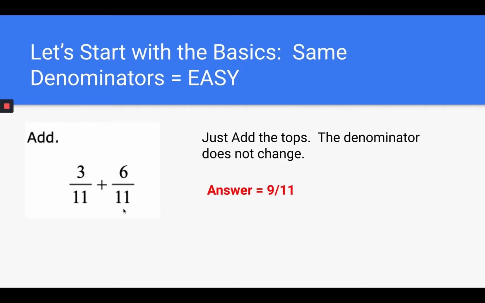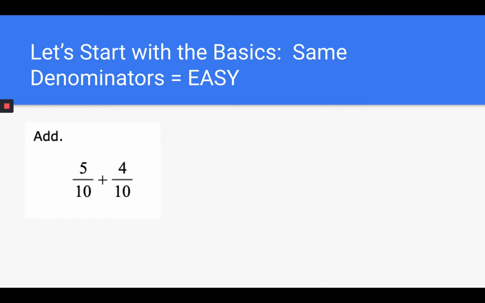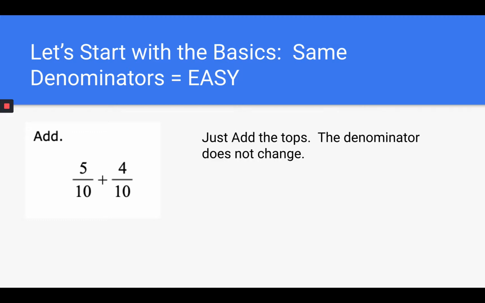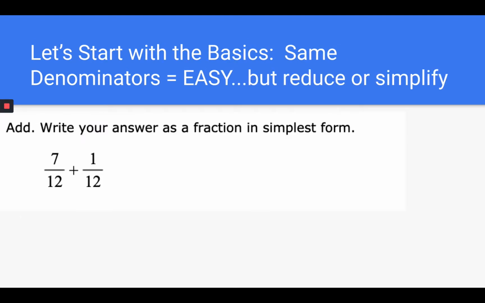So 3/11 plus 6/11 is 9/11. Okay, take a look at the screen. 5/10 plus 4/10. Again, just add the tops. 9/10. Okay, so that's pretty basic.